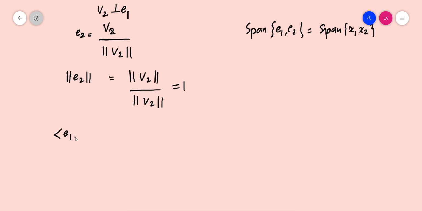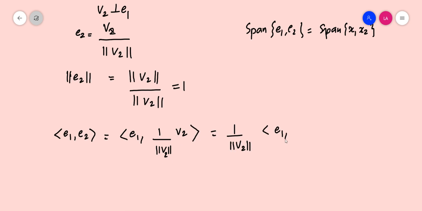Now we have to prove that e2 and e1 are orthogonal. So inner product e1, e2 should be equal to inner product e1, 1 by norm v2 times v2. Now this is a real number, we can take it outside, its conjugate is the same: 1 by norm v2 times inner product e1, v2.